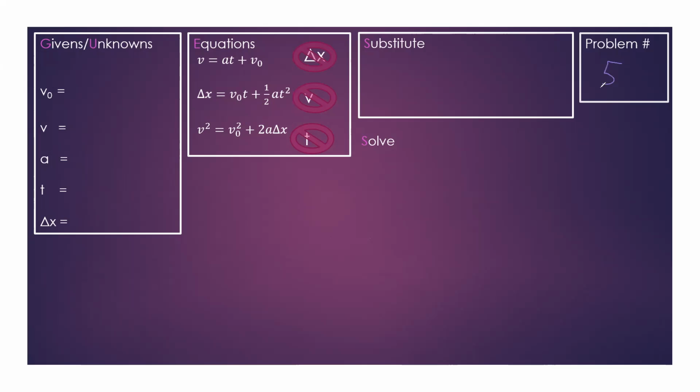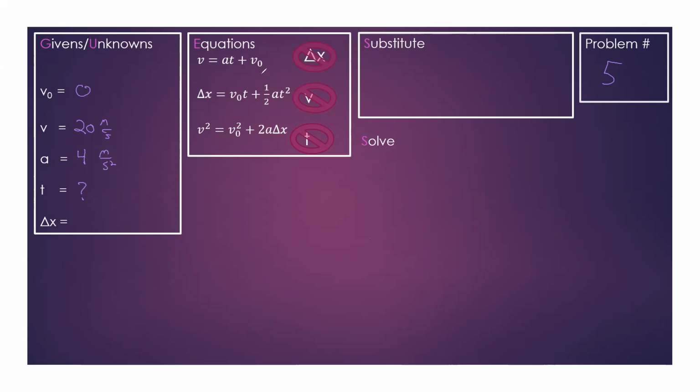Problem 5. A ball rolls downhill with a constant speed or constant acceleration of 4 meters per second squared. If it started from rest, how long will it take to reach a speed of 20 meters per second? In this case, the variable I do not have or care about is delta x.